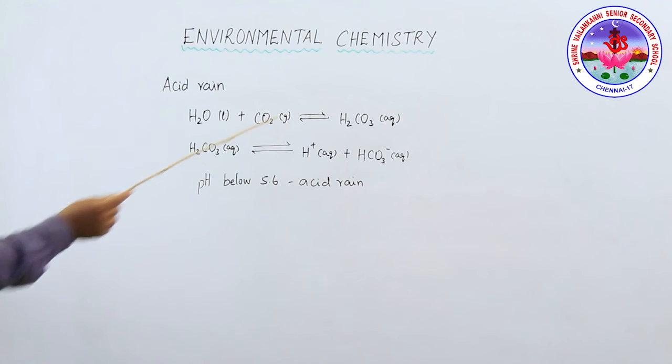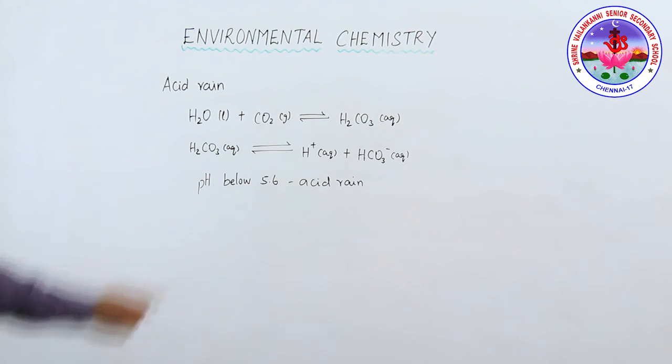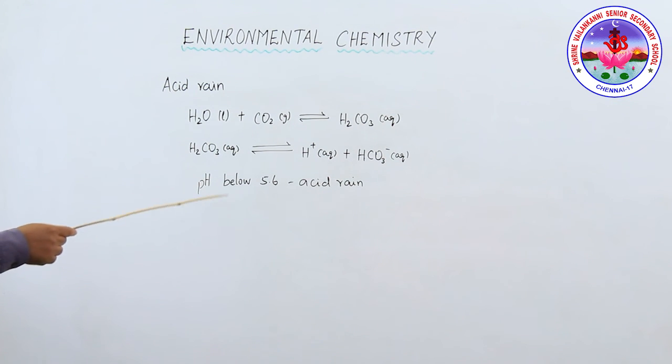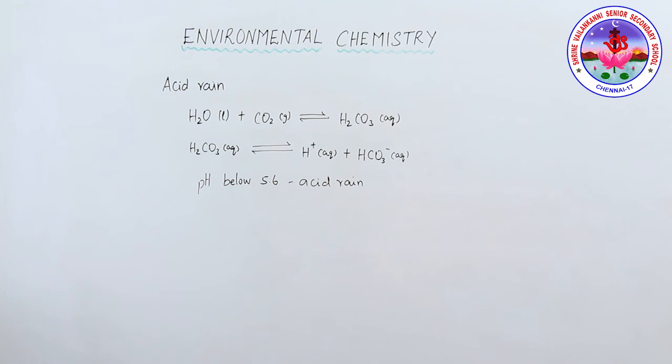This carbonic acid dissociates into H+ and HCO3- ions. When the pH value is below 5.6, it is called acid rain. So this is mainly called acid rain.